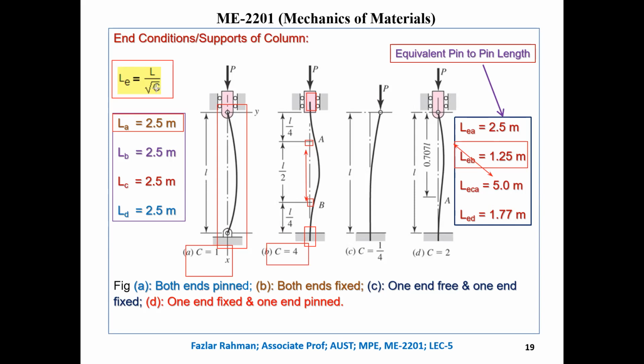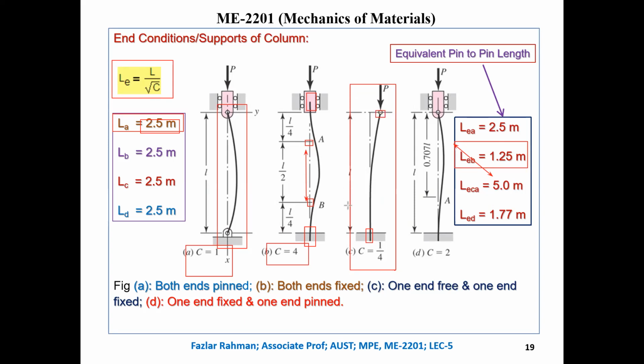L by root over C, C equals 4, that means L by 2. So the length of this column will be half of the other column, 1.25. Similarly, on the right side, figure C is weaker. You see, only this end is fixed, the other end is free.